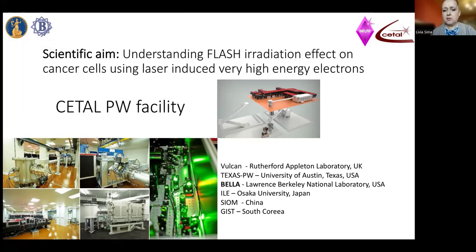This facility is similar to the one in Berkeley National Laboratory in the USA, and these facilities are very few worldwide. So we are trying now to understand at the cellular and molecular level how this flash radiation affects cancer cells.